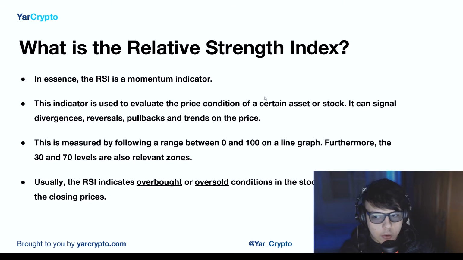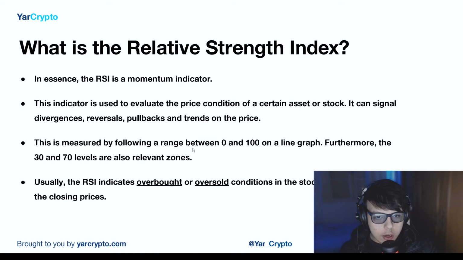It can signal divergences, reversals, pullbacks, and trends on the price. And this is measured by following a range between 0 and 100 on a line graph. And furthermore, the 30 and the 70 levels are also relevant zones.